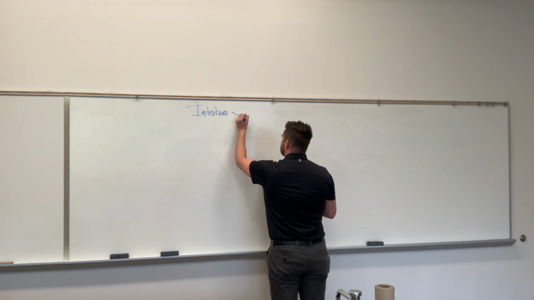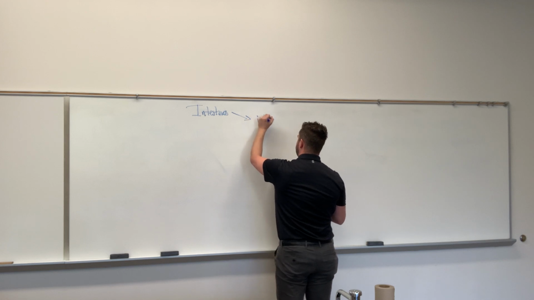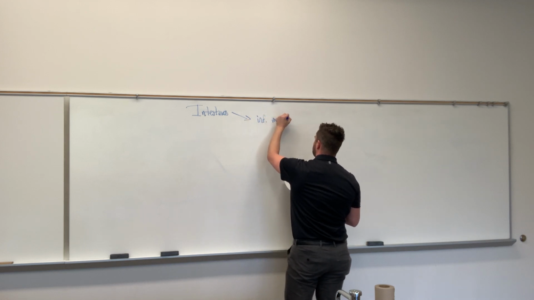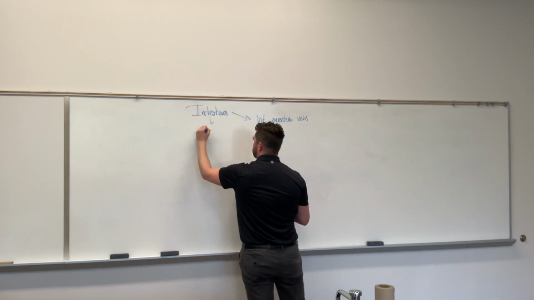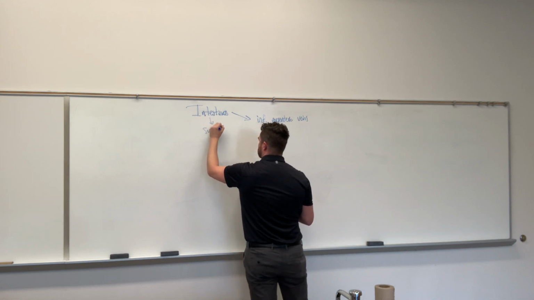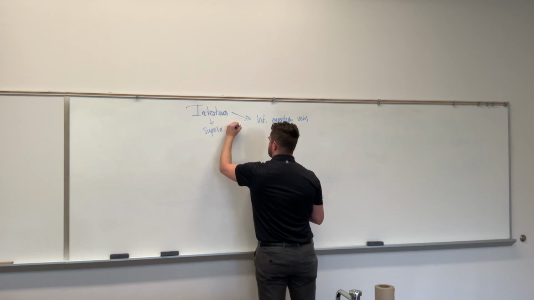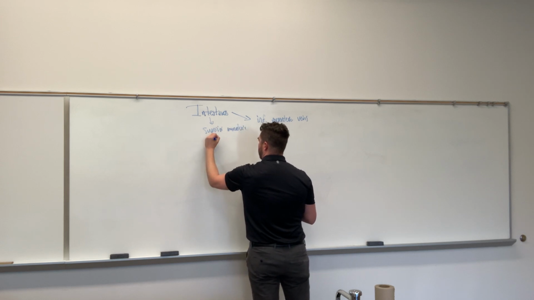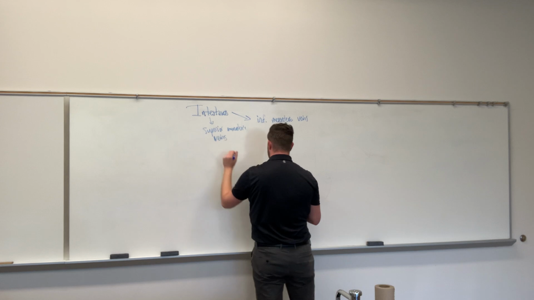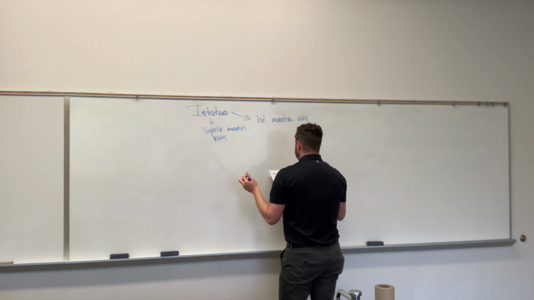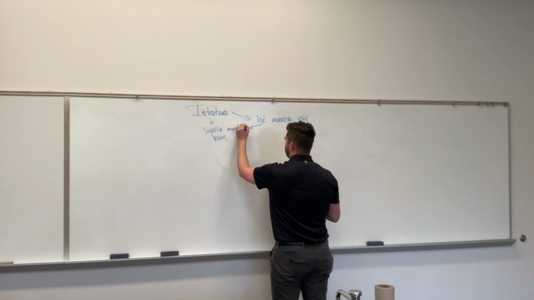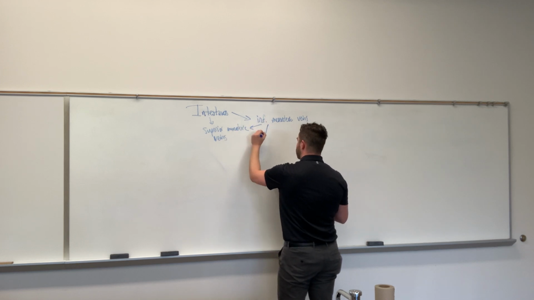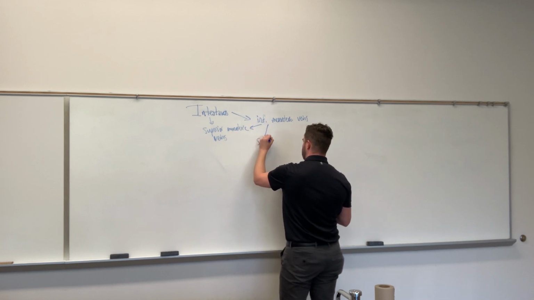So your intestines, we have over here the inferior mesenteric veins and the superior mesenteric veins. And then your inferior mesenteric feeds both into your superior mesenteric and your splenic veins.